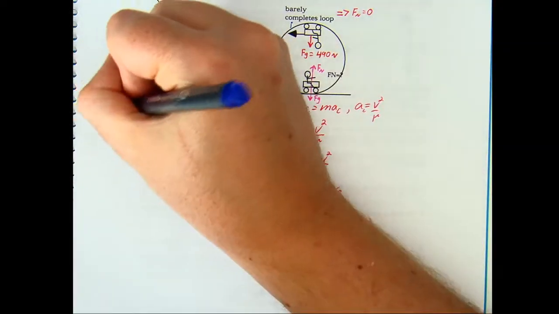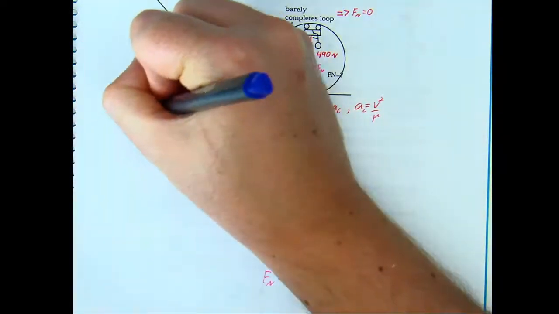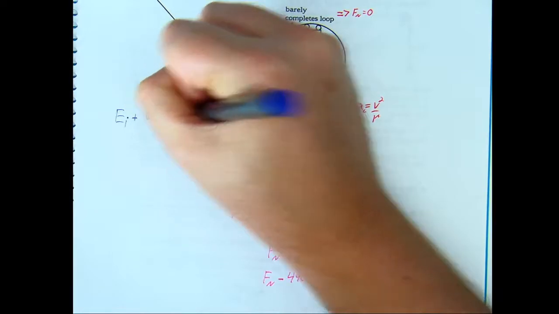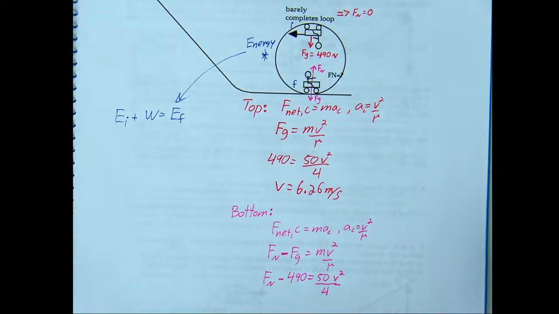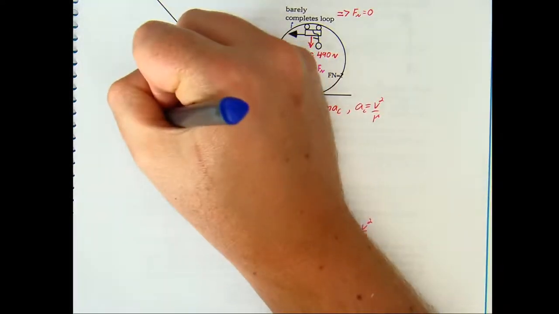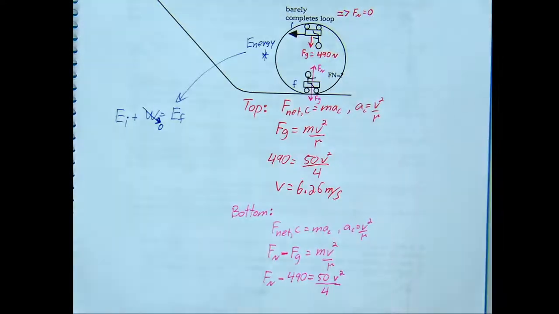We're going to have energy initial plus work equals energy final. We are not told anything, I don't think, about the friction in the track. So because we are not told there is friction, we're going to assume that it's 0.